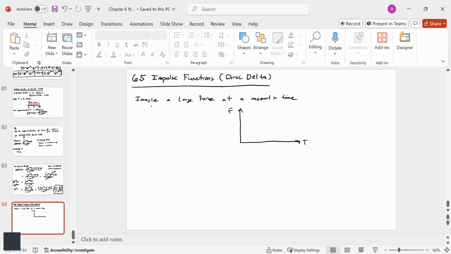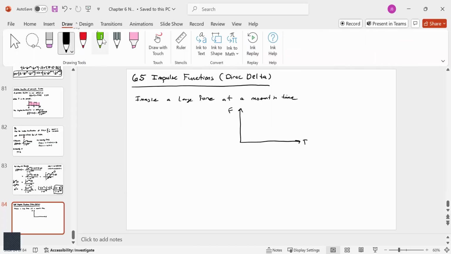Force over time, basically, it's zero, and then all of a sudden it's all the way up here, and then it's zero again, right? That's really what happened. It was zero, it went up, and then it went down. How do you work with that? How do I convert that into something that's useful? Well, that's where this idea of impulse and the delta function comes into play.